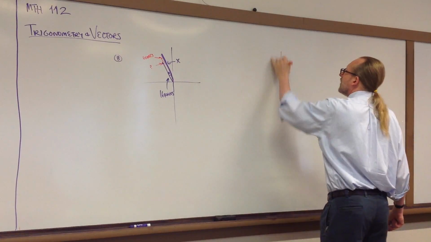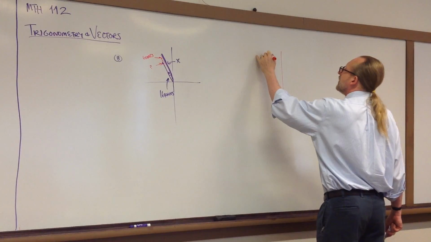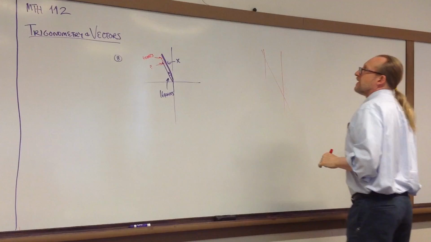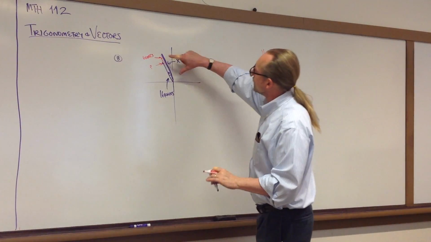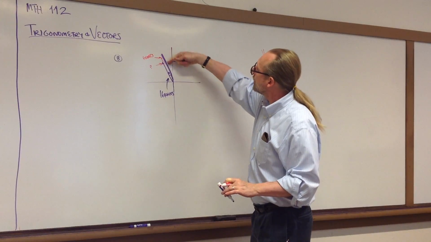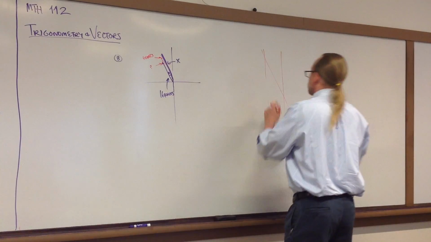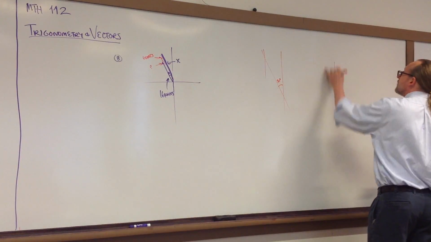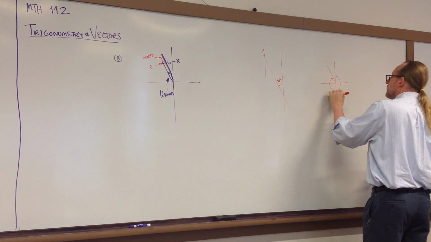Let's see here. What we've got is a situation like this. So without this purple resultant vector in the way, remember that whole piece right there was 30 degrees, because the original bearing for the ship was 330 degrees.